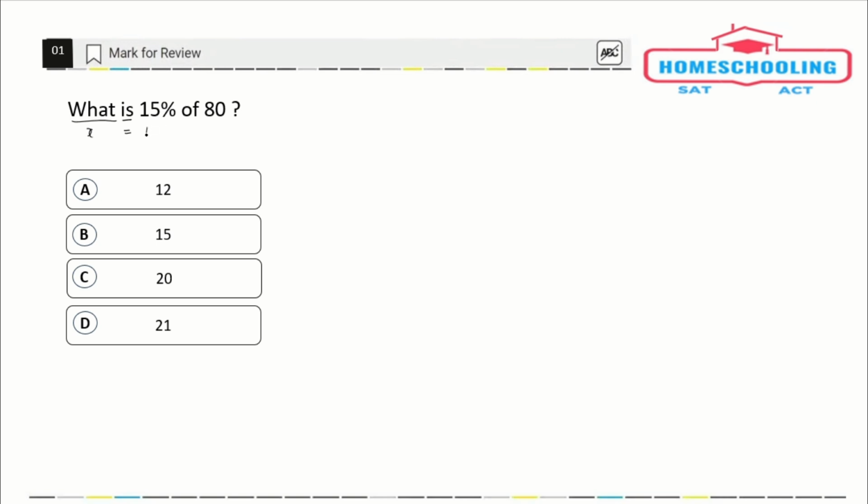So 15% would be 15 divided by 100, that is 15 by 100, and "of" means multiplication, into 80. Simplifying, x is 3 into 4. That would be 12. So your answer would be 12.